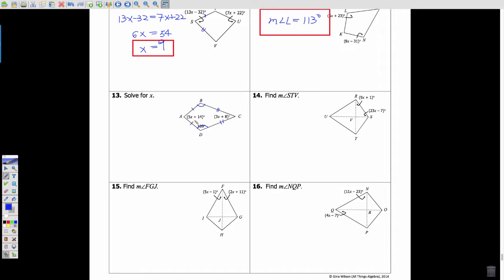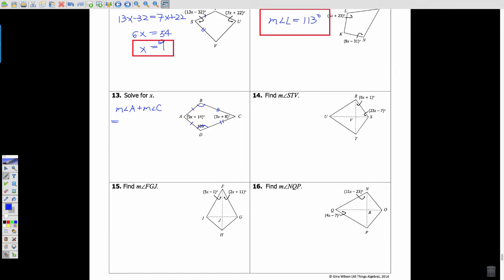So how should I do this then? We first need to find out what angle D is. I don't know very much other than that.